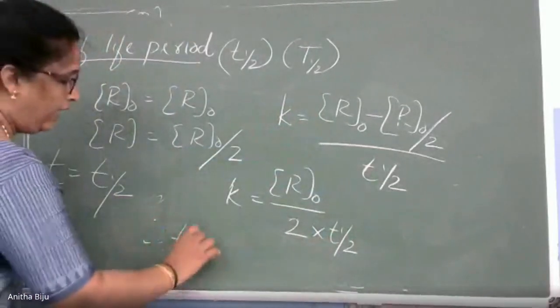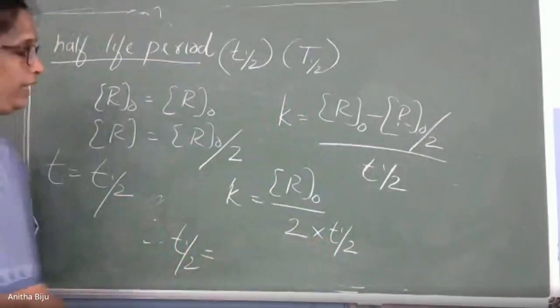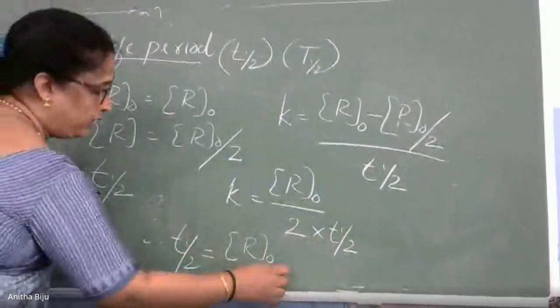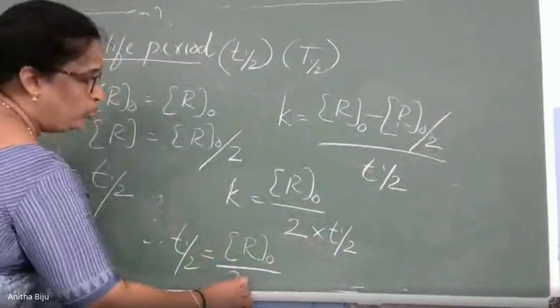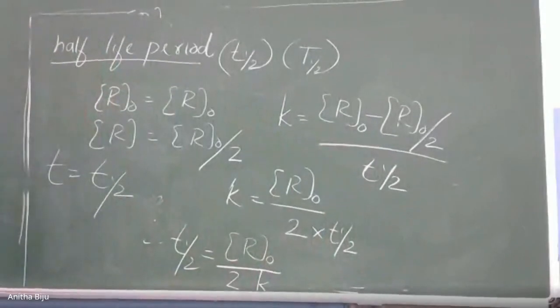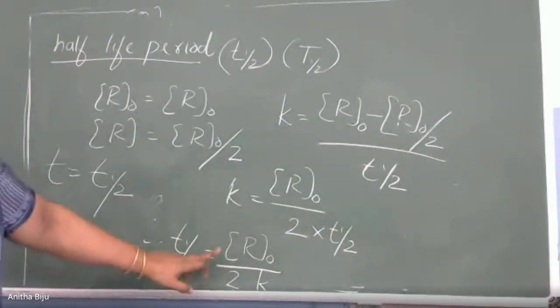Therefore, T half equals R naught divided by 2K. In this way, we can calculate it.